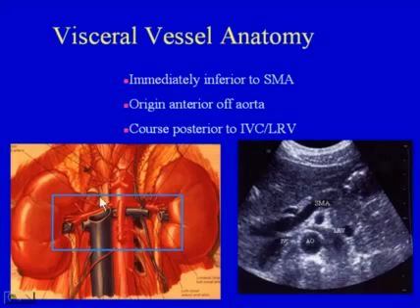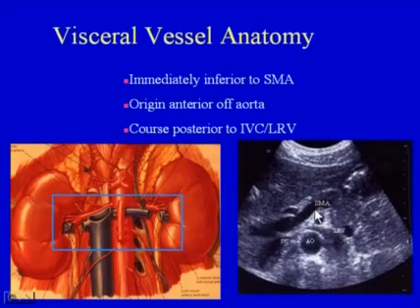It's important to note that the right renal artery is generally longer than the left renal artery. You can see that here in this diagram. When we look at the image, by placing the transducer subxiphoid in a transverse view, it's best to use the SMA as your landmark.